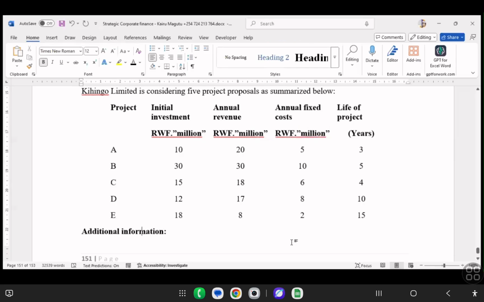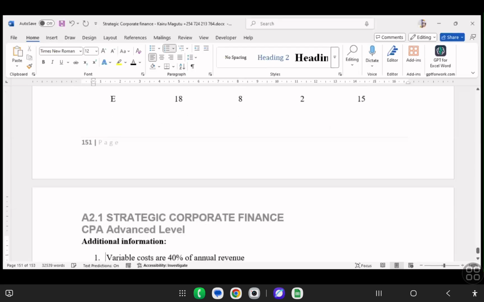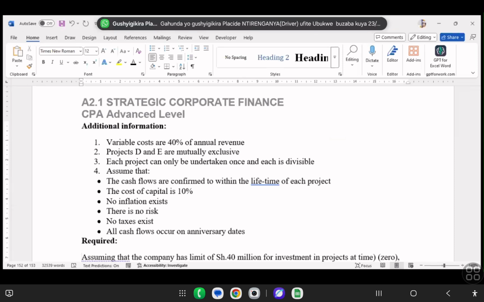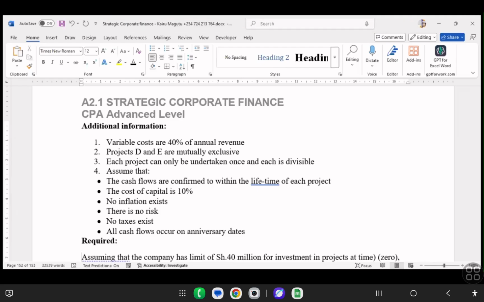Then down there we are told the additional information. One, variable cost is 40% of annual revenue. Two, projects D and E are mutually exclusive. Three, each project can only be undertaken once and each is divisible.